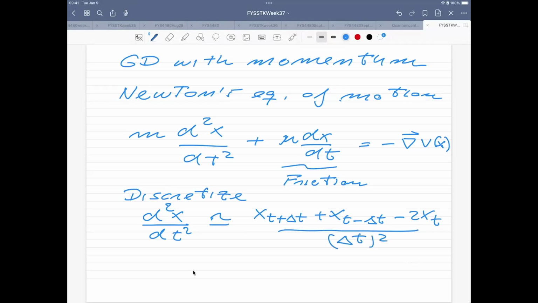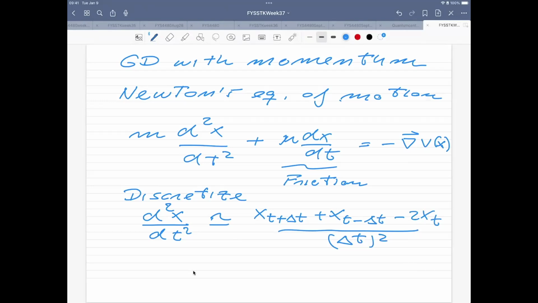This is one of the standard ways to approximate the second derivative, and it runs with a truncation error which goes like delta t squared. Have you seen this formula before? This is just a workhorse in the solution of essentially all differential equations.